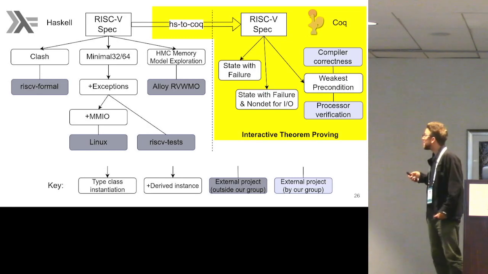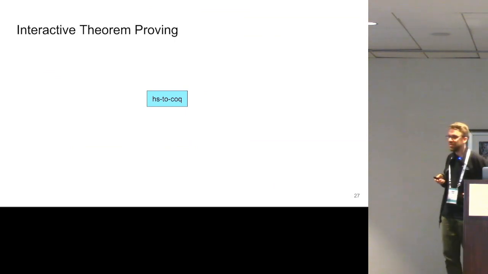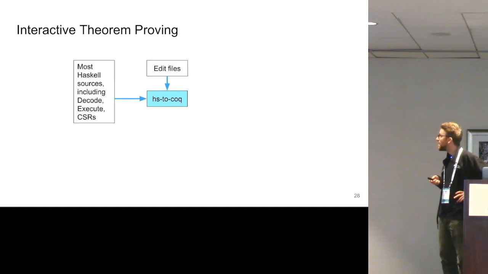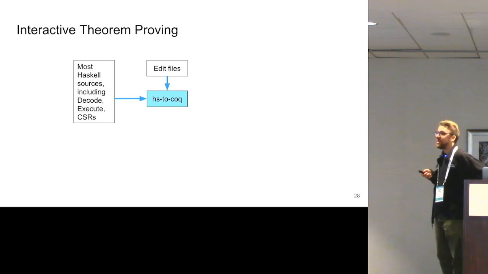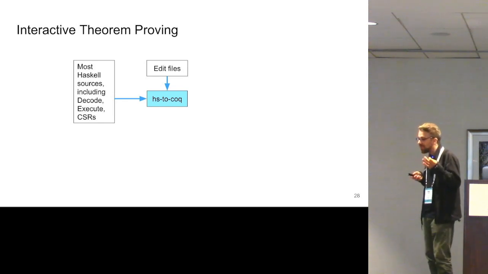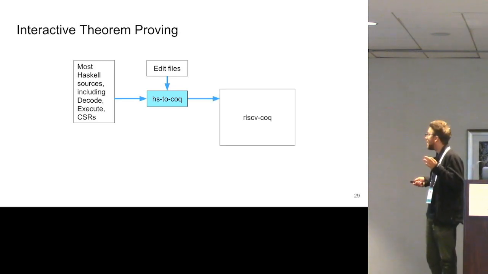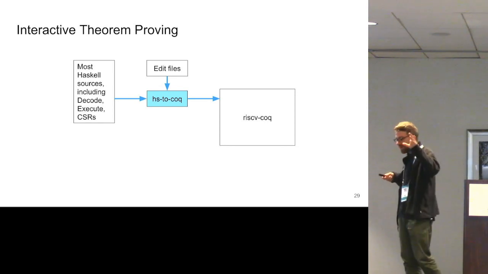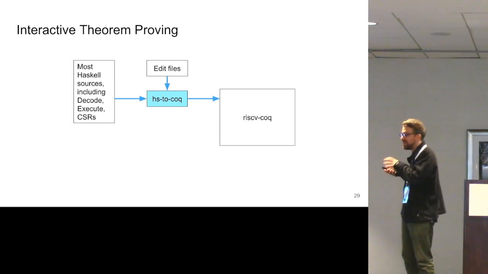Now, the next part is the interactive theorem proving. For this, we used a tool called HS2Coq, and we feed most of our Haskell sources into it, but what we really want is to control the kind of spec that we get. So we do have to use a feature of HS2Coq that is called edit files, and these allow us to map certain definitions from Haskell to something in Coq that we can freely choose.